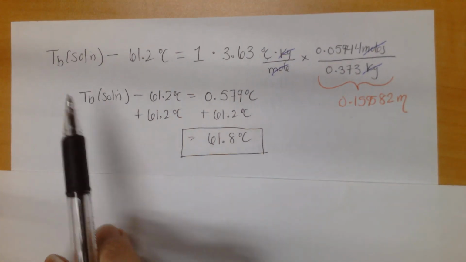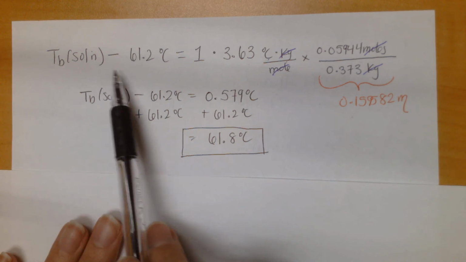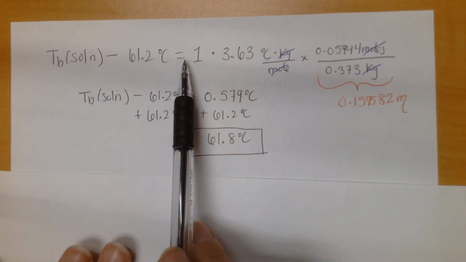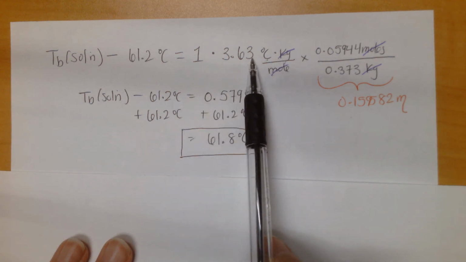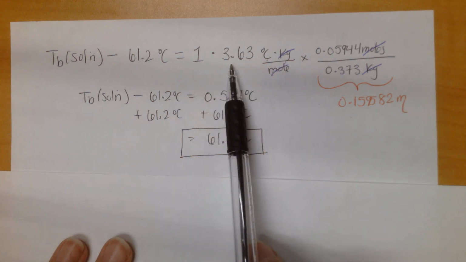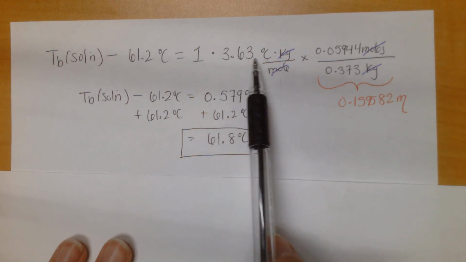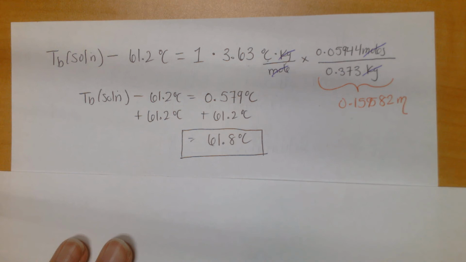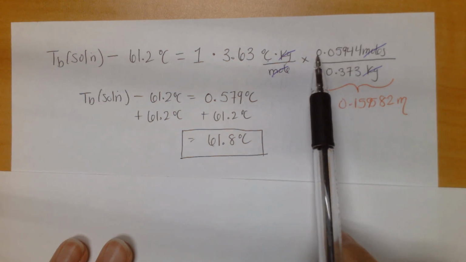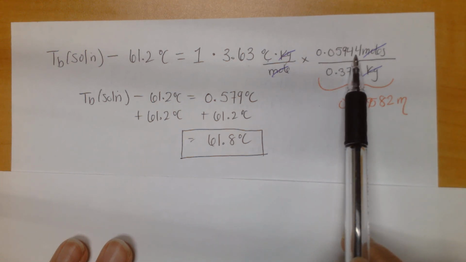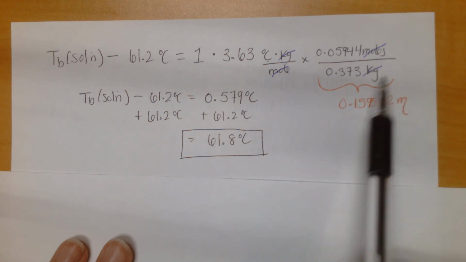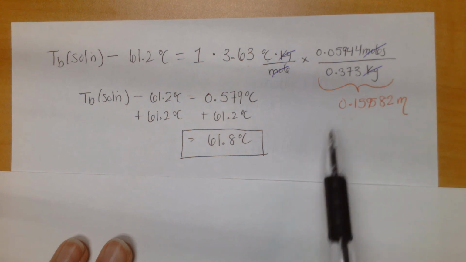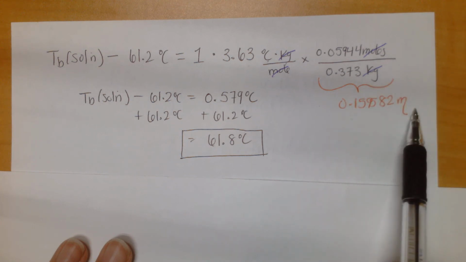All right, so our TB of solution minus our 61.2 degrees Celsius, again just plugging things in, our van't Hoff i of 1, our KB of solution, 3.63 degrees Celsius kilogram per mole, and now we're solving for our molality. We're plugging in for that. So our moles, the 0.05944 moles, divided by our mass of chloroform in kilograms, 0.373 kilograms, which gives us this.